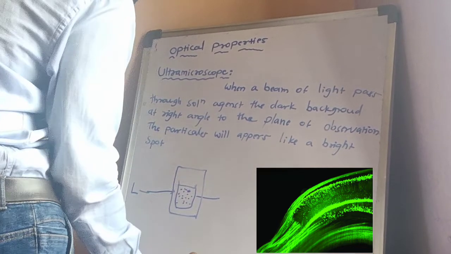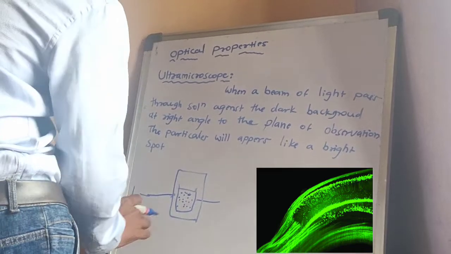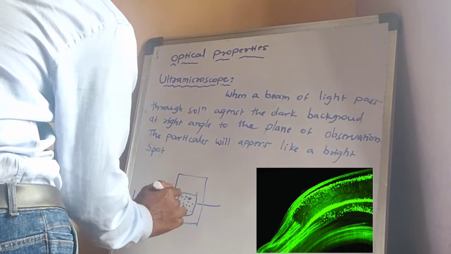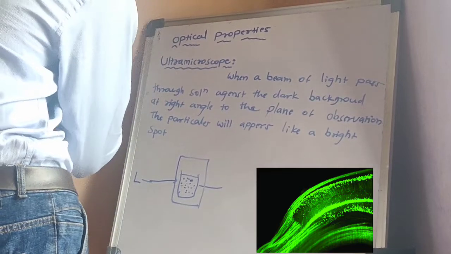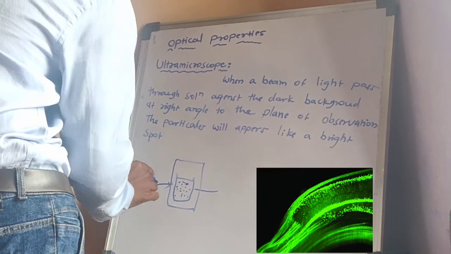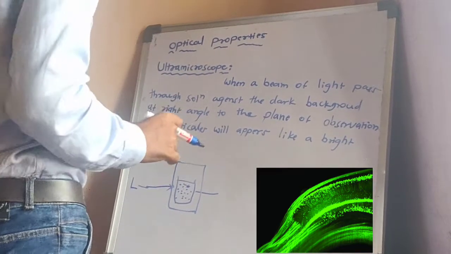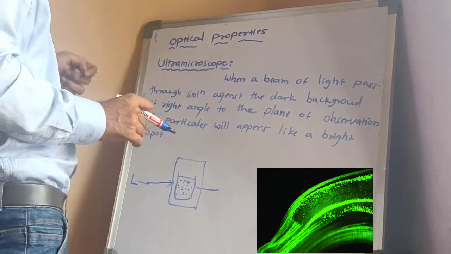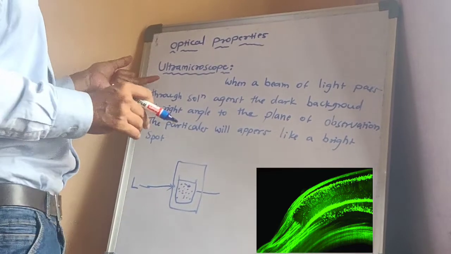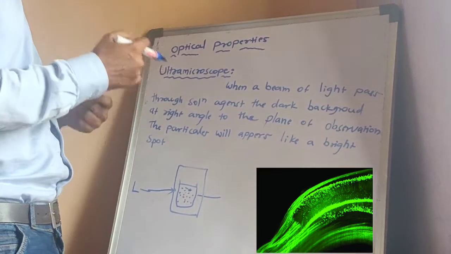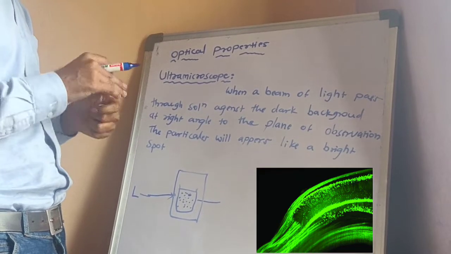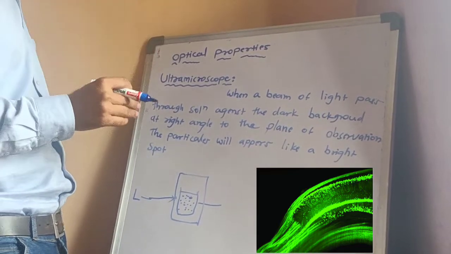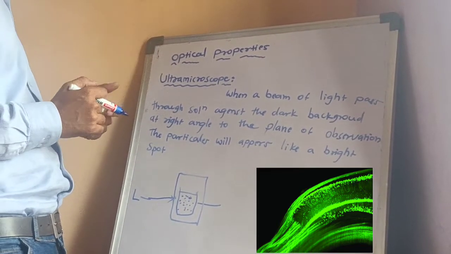Those bright spots are the dispersed phase, and the rest is the continuous phase. This is the principle of ultramicroscopy. With its help we can find out the particle size, shape and pattern of the dispersed phase.